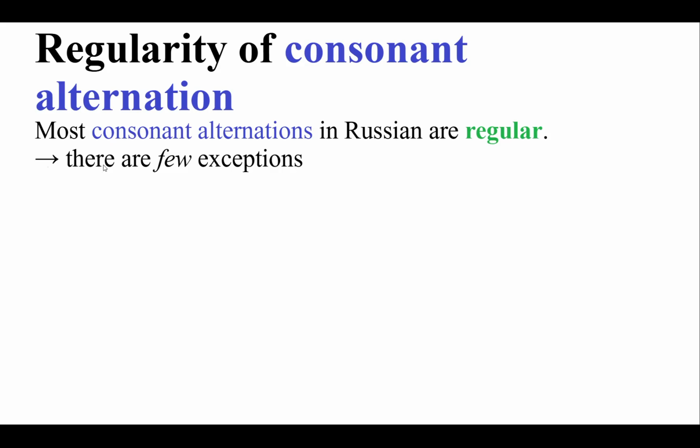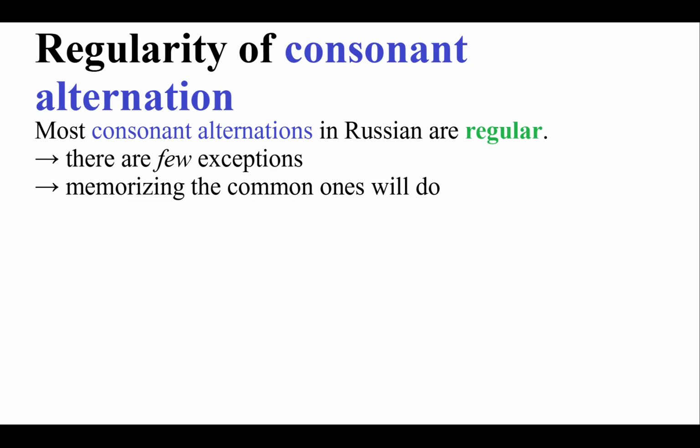This implies that there are few exceptions for consonant alternations. Exceptions do exist, but there are fewer compared to declension or conjugations, which we'll talk about later.